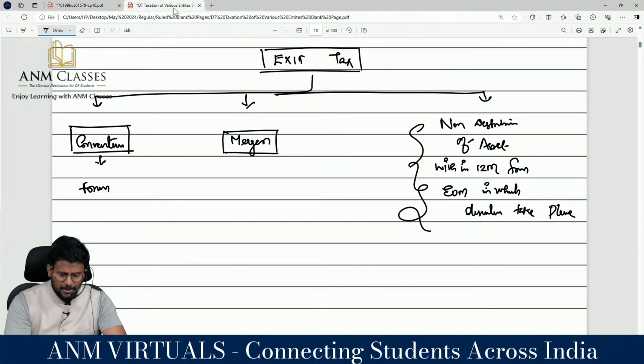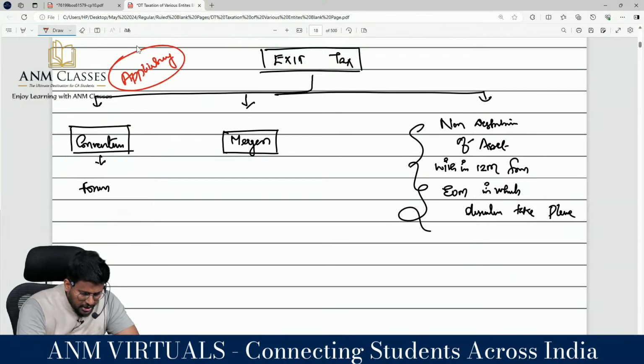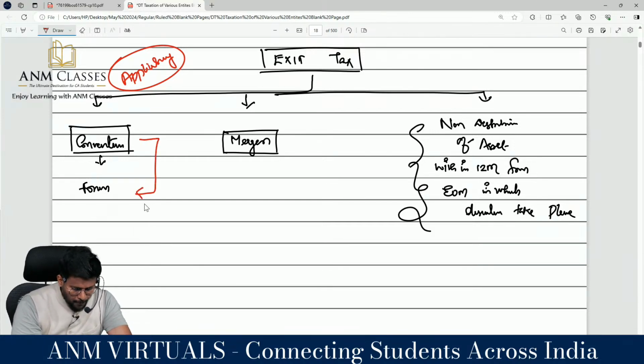That means, sir, when I am liable to pay exit tax, what is the applicability, is what the discussion is, correct? If you are converting the charitable trust into a form which is not entitled for registration under 12AA or 12AB or 10(23C) series organization, then you are liable to pay.